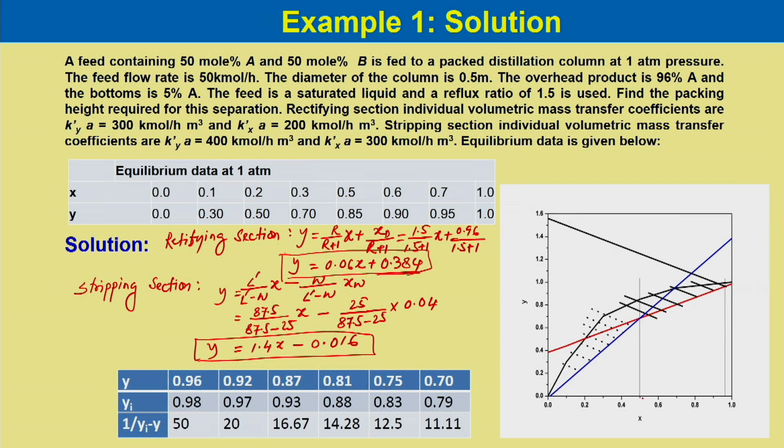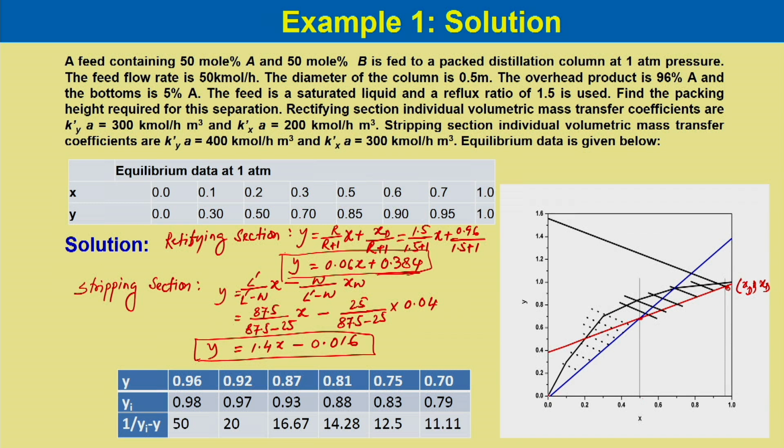So, we know the feed condition and we know this point over here. Once we draw the operating line for the rectifying section, we locate xD on the 45-degree diagonal, which is not shown over here.